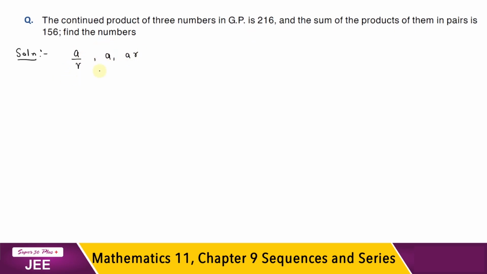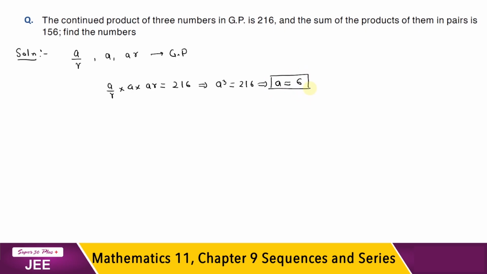These three terms are continued terms of GP where the common ratio is r and the first term is a by r. So the product over here is given to us as 216. So this gives us a cube as 216, which gives us the value of a as 6.